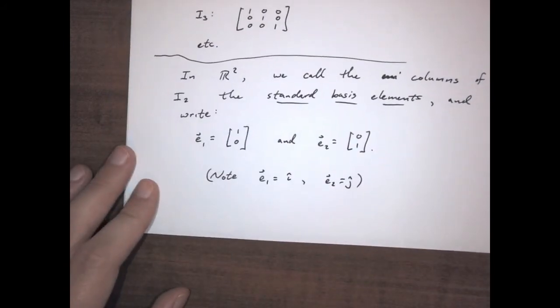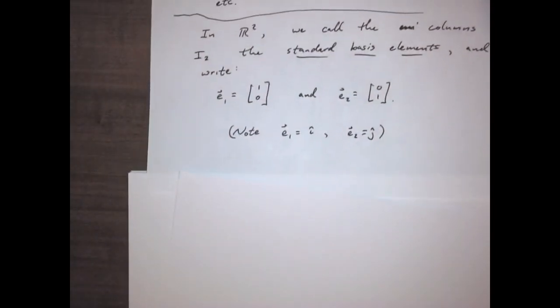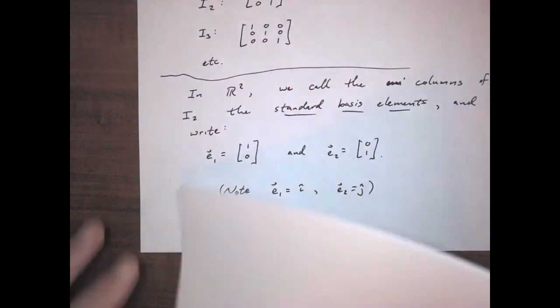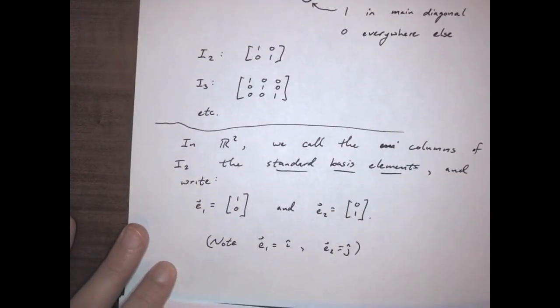Now the reason why the identity matrix is called the identity matrix is because if you multiply it by any vector, you're going to accomplish precisely nothing.